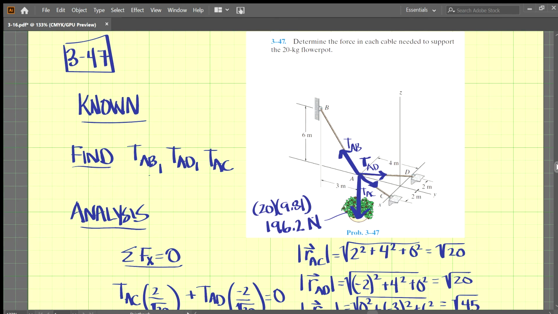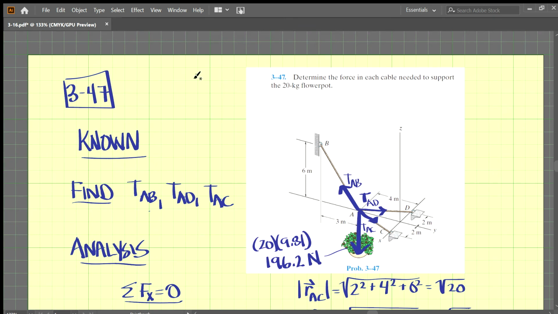And maybe I can move this diagram down so we can see what we're doing.